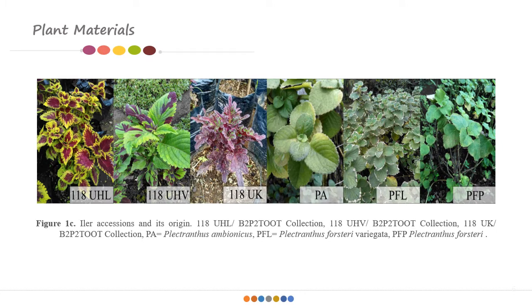Figure 1c shows Iler accessions from Tawangmangu, namely 118UHL, 118UHV, and 11UHUK. Three species were used as an outgroup due to their morphological similarity, with the codes PA, Plectranthus amboinicus, PFL, Plectranthus forsterii variegata, and PFP, Plectranthus forsterii.